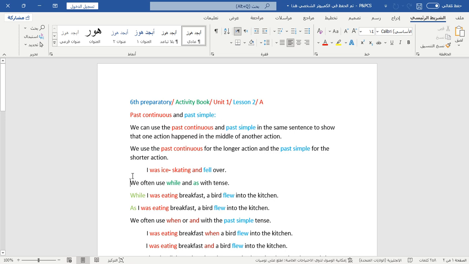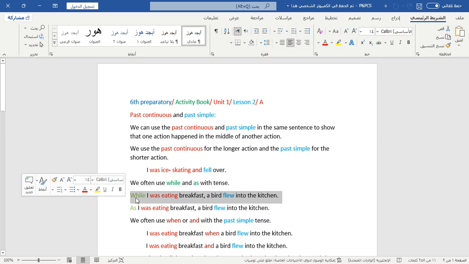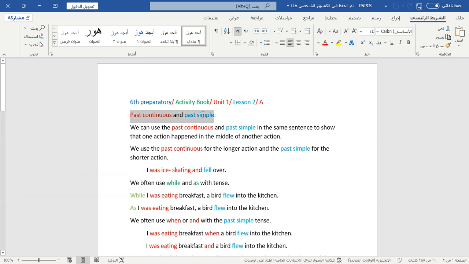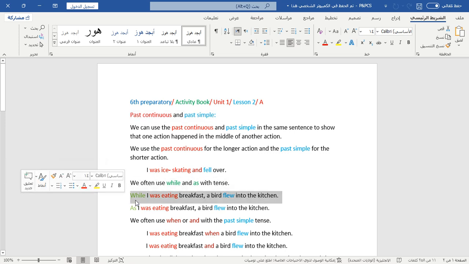Another sentence here showing that we often use while and as with tense. Which tense? Past continuous and past simple. Okay? This is the example: While I was eating breakfast, a bird flew into the kitchen.